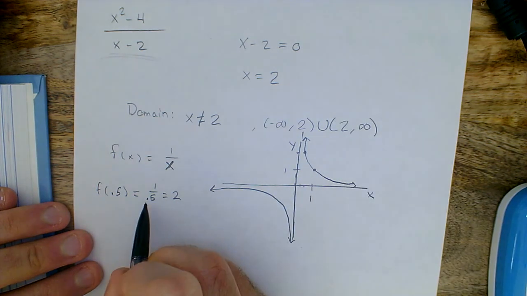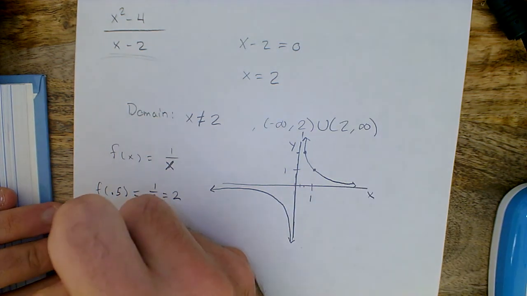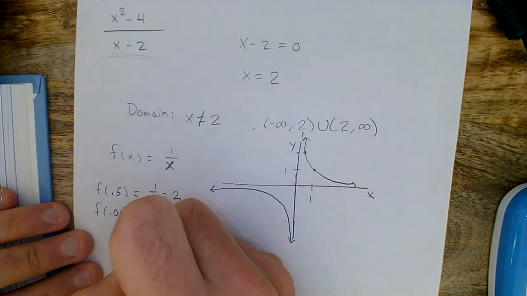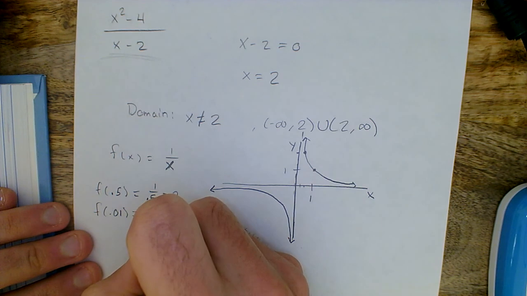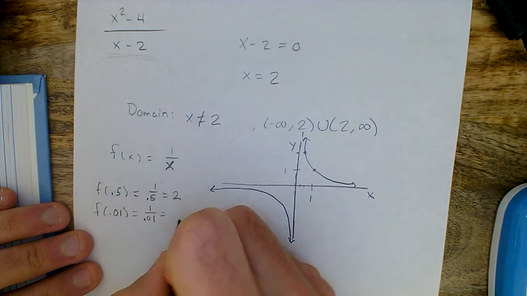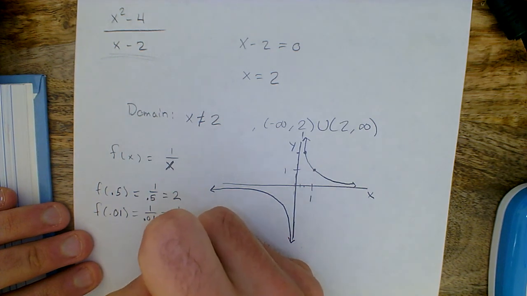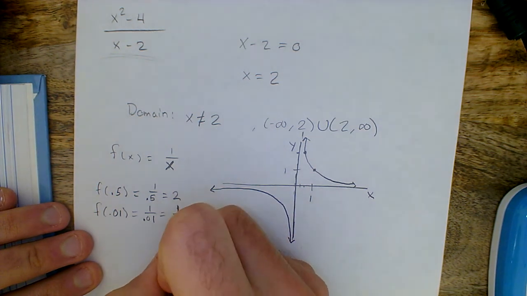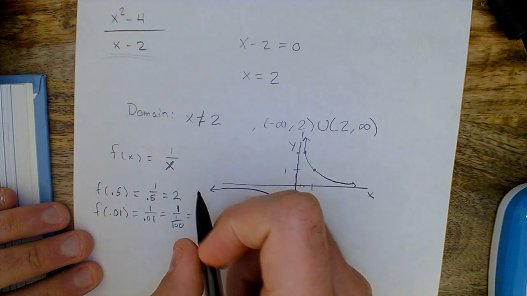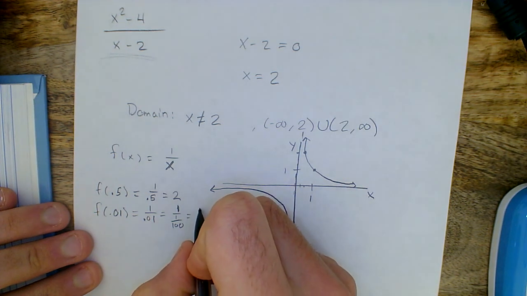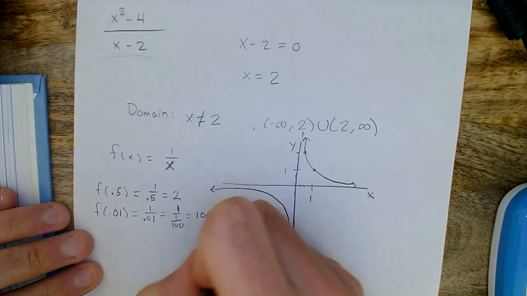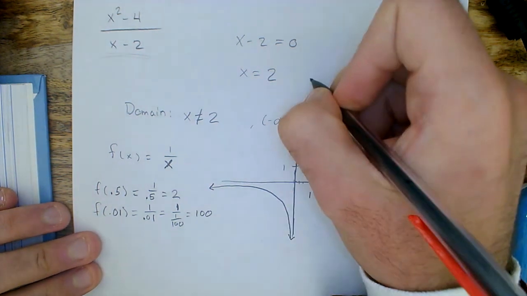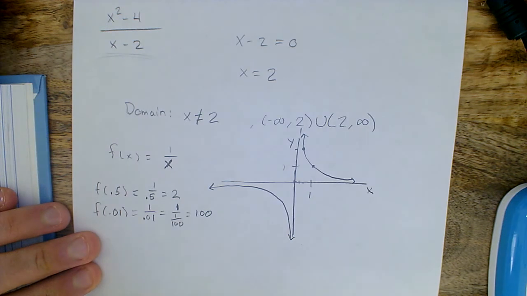And the closer and closer I get, if I make this number in the denominator even smaller, like 0.01, that's 1 divided by 0.01, which is 1 over 100. Dividing a fraction by a fraction is the same thing as multiplying by the reciprocal, so this is equal to 100. As soon as I'm down to 0.01, the height is way off this page.